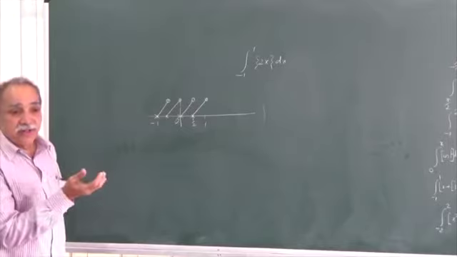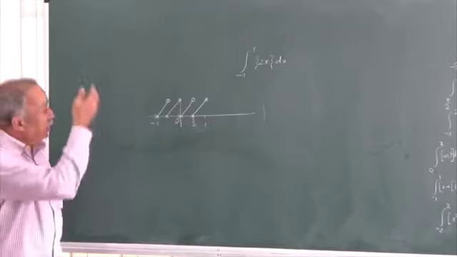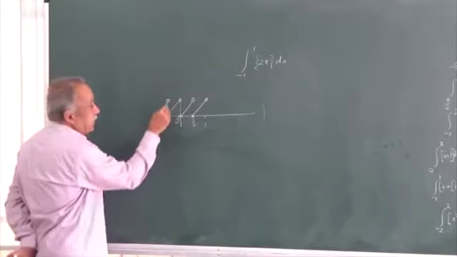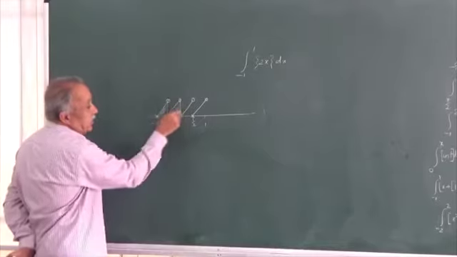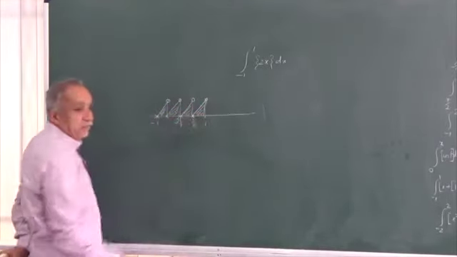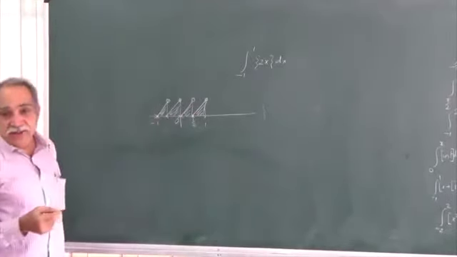What should I find? Simply the area enclosed by the graph, the x-axis, and the ordinates at minus 1 and plus 1. What is that area? Simply this triangular area, this triangular area, this triangular area, plus this triangular area. Are all these triangles of the same area? Yes.